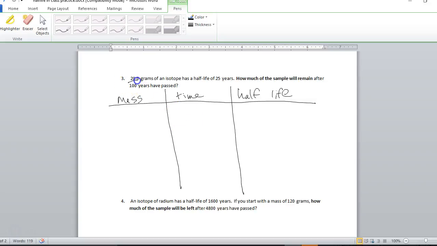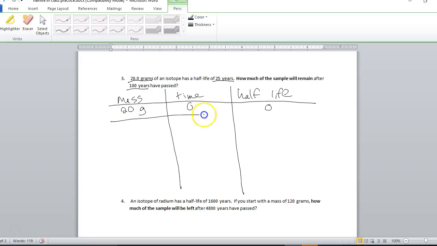Okay, so here, 20 grams of an isotope has a half-life of 25 years. How much of a sample will remain after 100 years have passed? We know we're starting out with 20 grams. No time has passed.